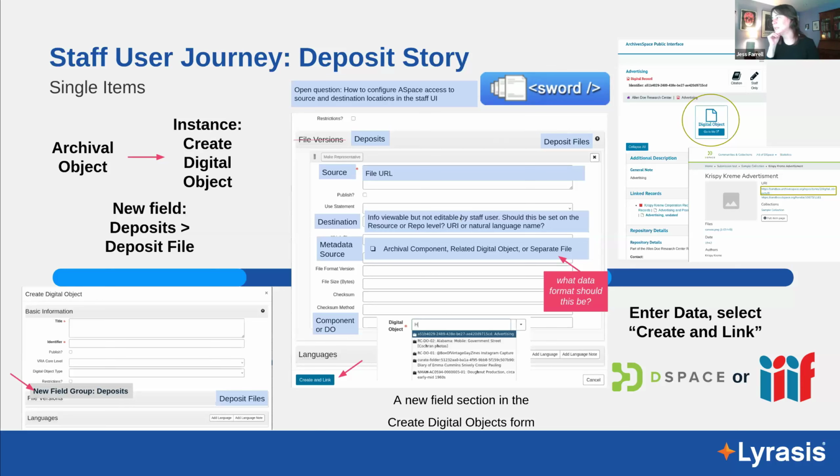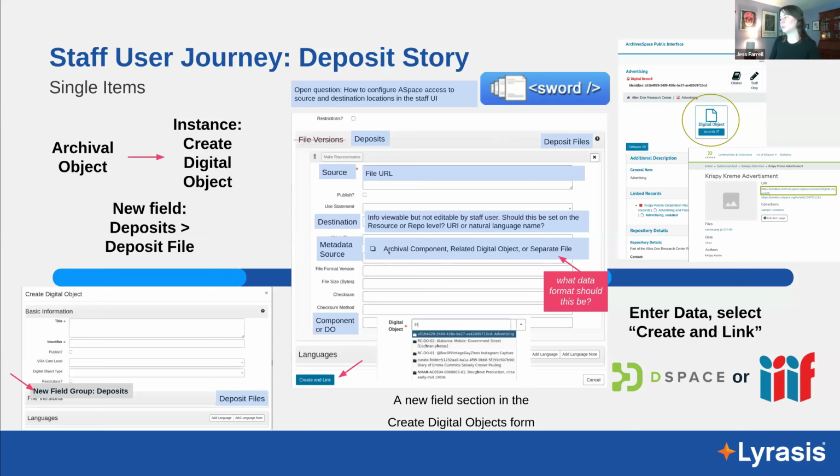Also, if you would like it to be a URI or a natural language name, like preservation repository, access repository. Those are bad names, but you get what I mean. Hopefully. You would choose a metadata source, which could be the metadata from the archival component that you are adding an instance to.